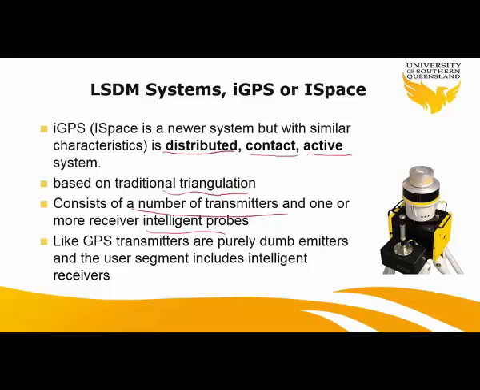And why we call it GPS, because the transmitter, which is this one here in the picture, is purely like our satellites. It's just emitting the signal, it's just dumb. And then we have a receiver, which in our case is this probe, which is intelligent and can calculate the coordinates based on the signal it's receiving and the information.